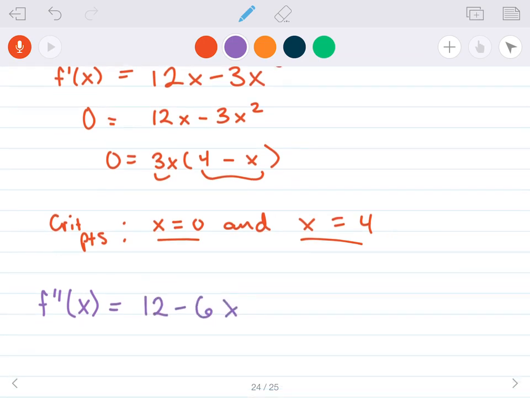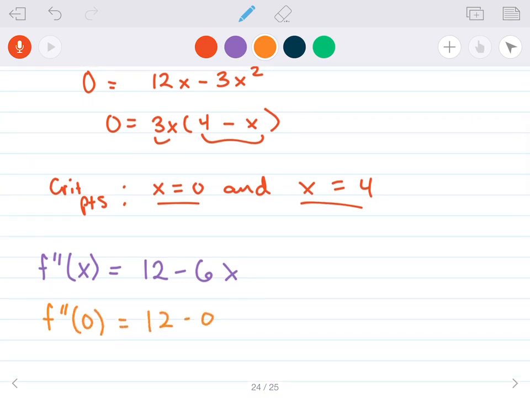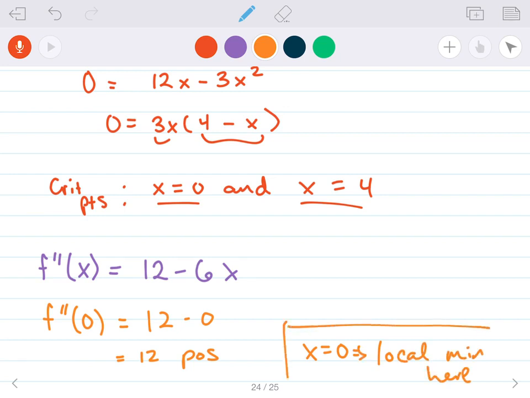If I plug in 0 here, I get 12 minus 0, which is positive, which tells us that we have a local min here. That's what the second derivative test says, because we got a positive number.